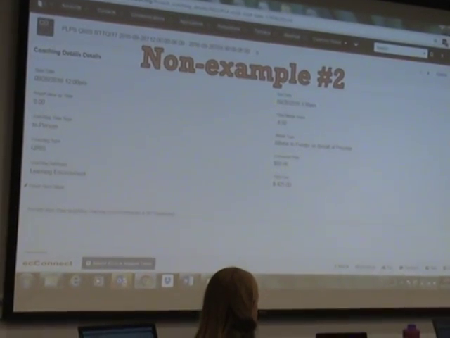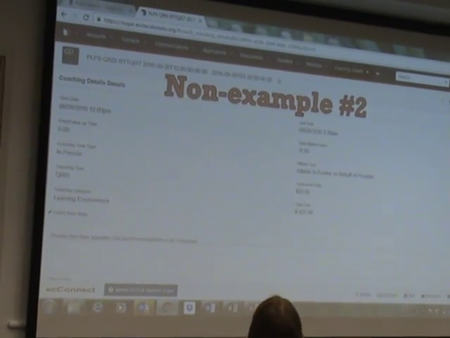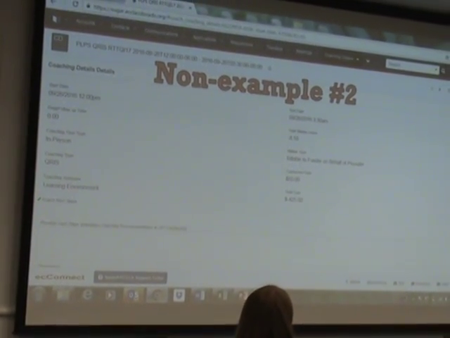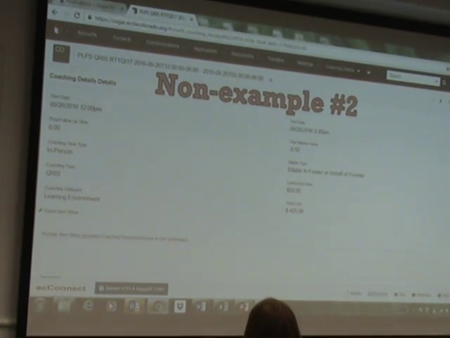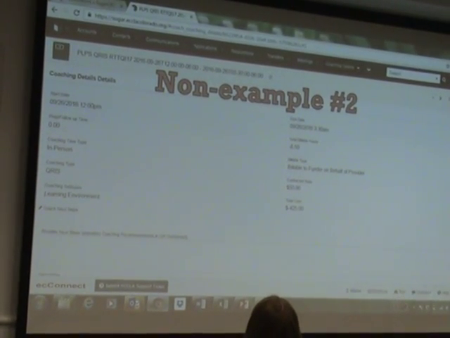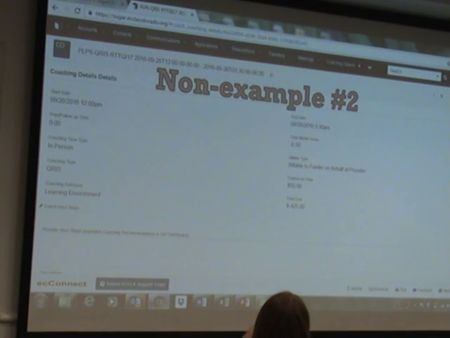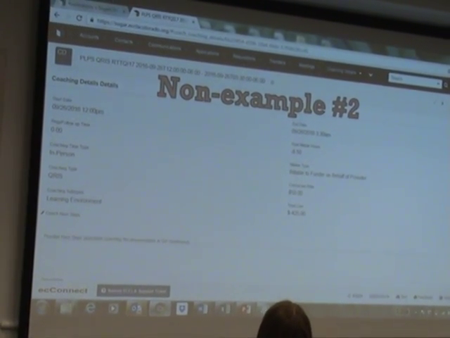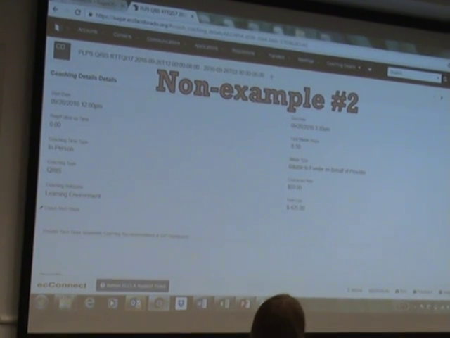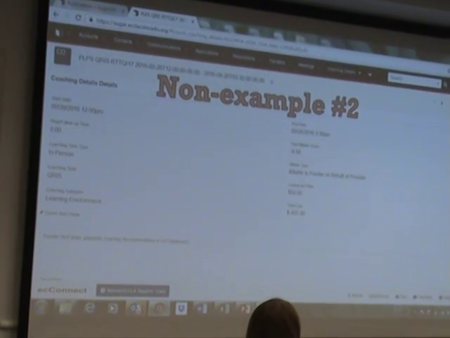Okay, for this one, who had number 2? What's wrong with this one? Start and end date. Total billable hours, negatives. So the start and end date are on the same day, right? But it starts in the afternoon and ends at 3:30 in the morning.